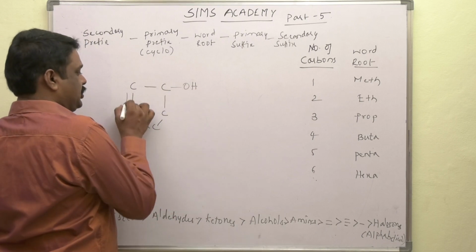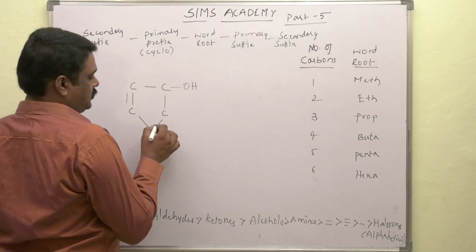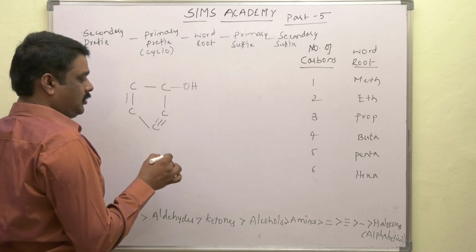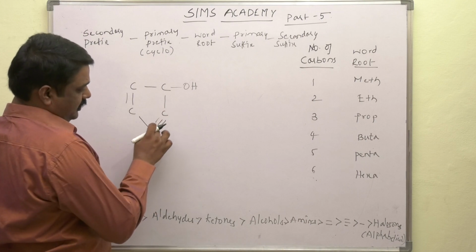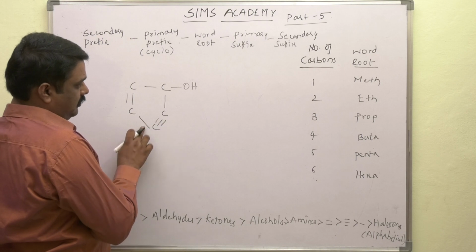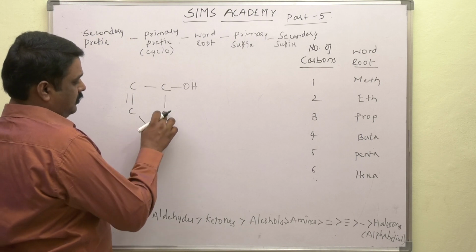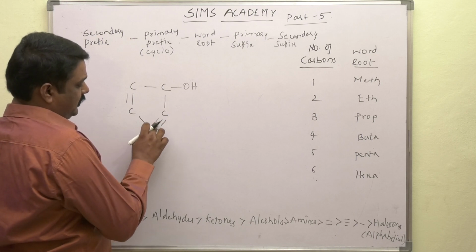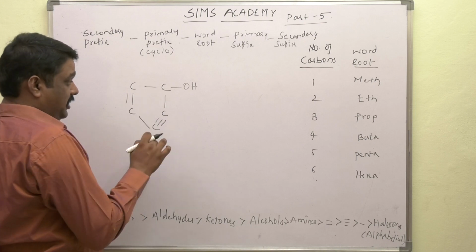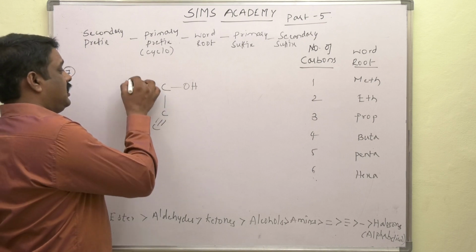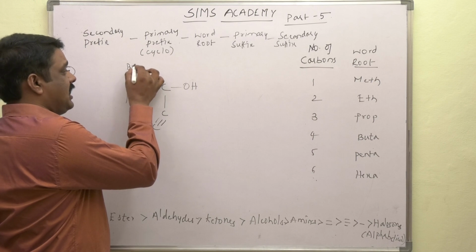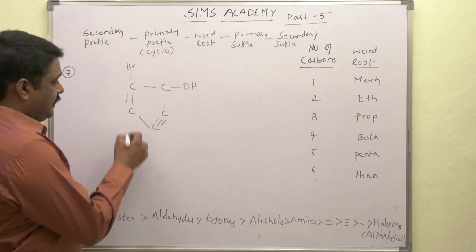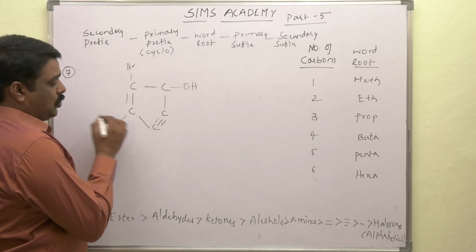We'll take OH, double bond, triple bond. Can we take a triple bond? 1, 2, 3, 1. For this carbon 4, for this carbon 4. Okay, here we shall take 1 bromine. Here we shall take 1 chlorine.